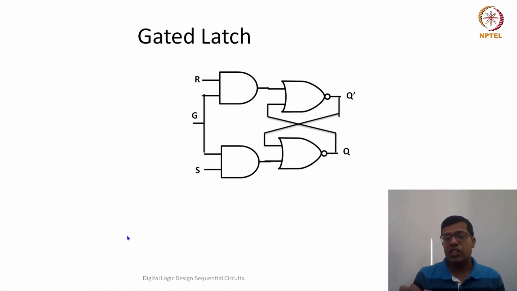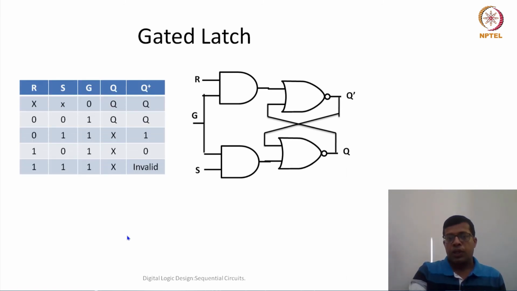So that's why this is called a gated latch. G works like a gate. If G is open, then only R and S will work. If G is closed, then R and S will have no impact on the output. To implement that, we have put an AND gate before R and S. If G is 1, then only the R value will go here.